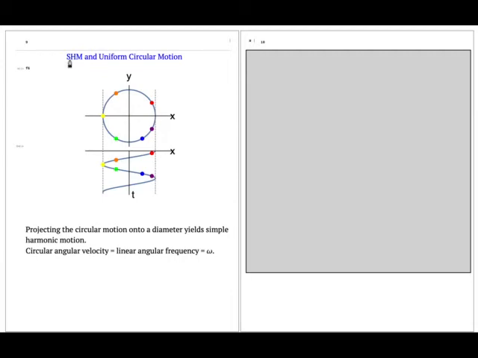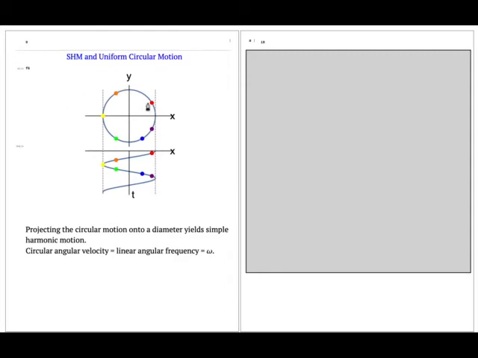There's an interesting connection between simple harmonic motion and uniform circular motion. And there's a little section of chapter 7 about that. Let me just show the picture. Suppose you have an object moving around a circle with constant speed. So that's uniform circular motion.